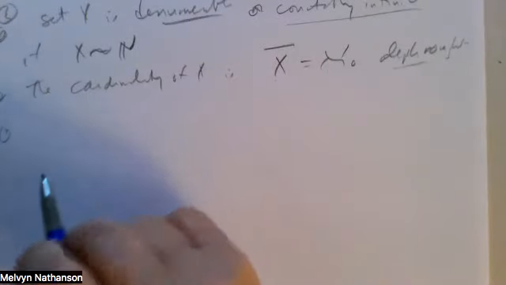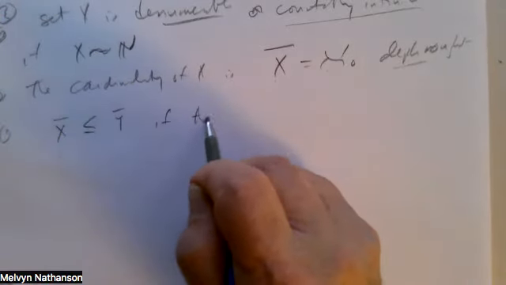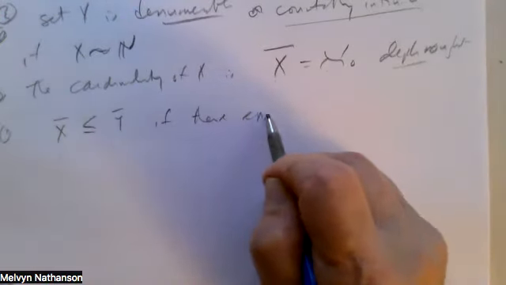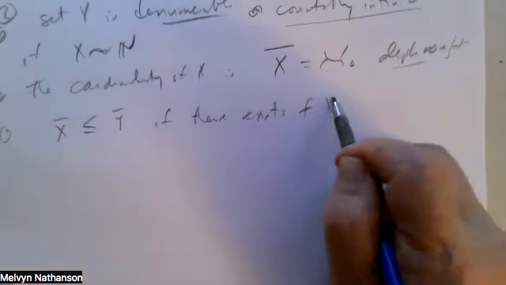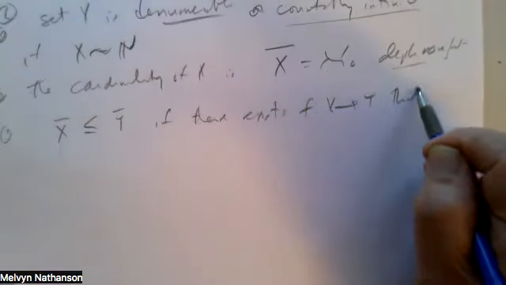So a set is countable, denumerable, countably infinite, if it can be put in one-to-one correspondence with the positive integers. And recall that the cardinality of a set X is less than or equal to the cardinality of a set Y if there exists a function f from X to Y that is one-to-one.